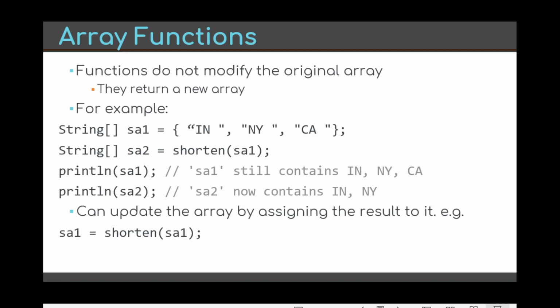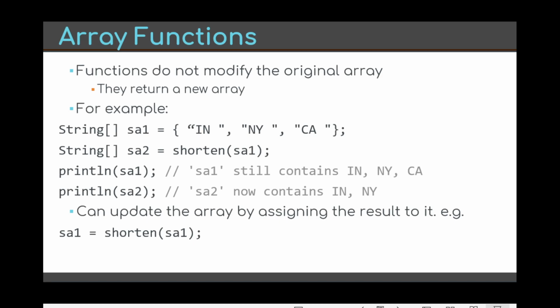So now we have SA1 pointing to the first array, and now we're changing where SA1 points to the second one. Now nothing is pointing to that first one anymore with California in it. Right, now SA1 is just pointing to the new one that was made. Does that make sense? Right.